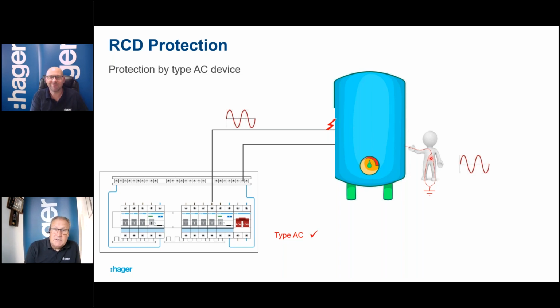So a type AC device in that application would have been perfectly suitable. But as we know, less and less we're getting purely resistive loads. Even if we had an electronic timer on this, that would almost muck up the shape of this wave and make a type AC less and less suitable.